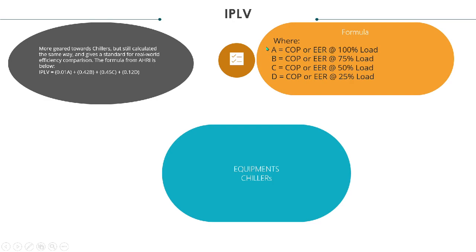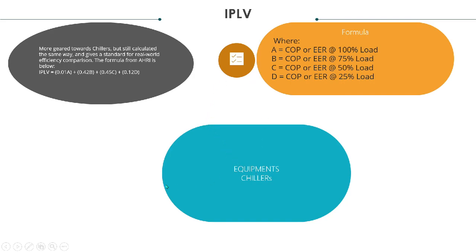Okay, so these two can be considered, and also as you can see, there are part load values we are considering. And once you apply this rating in this formula, you will get your IPLV value. Mostly we are using the IPLV value for the chillers.